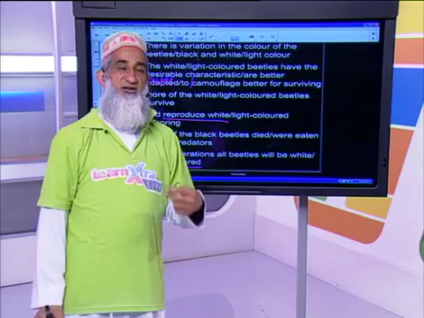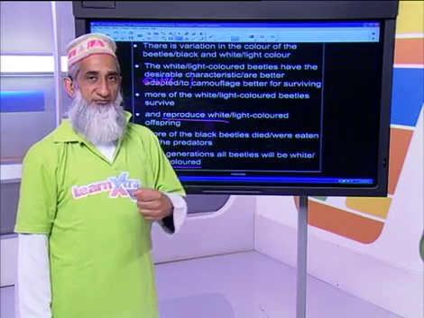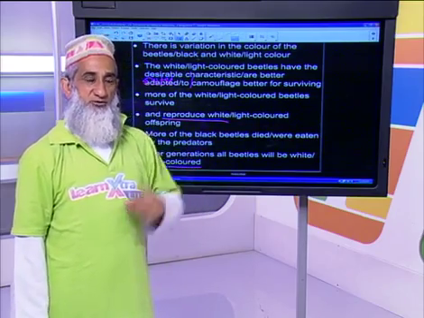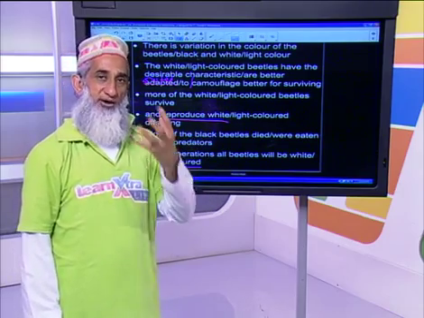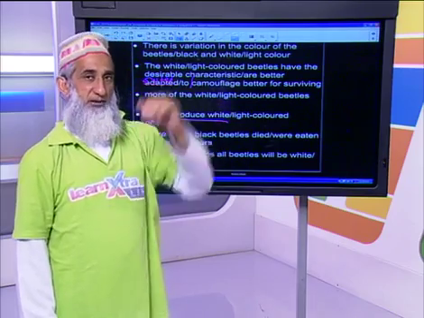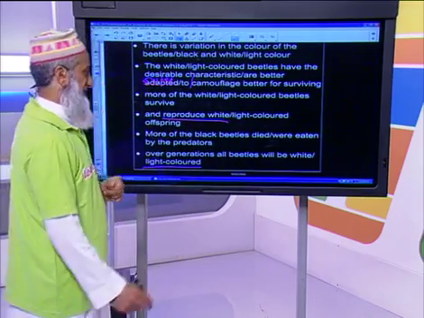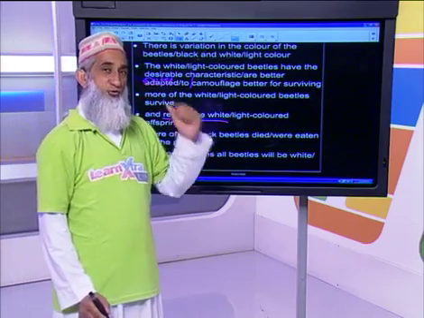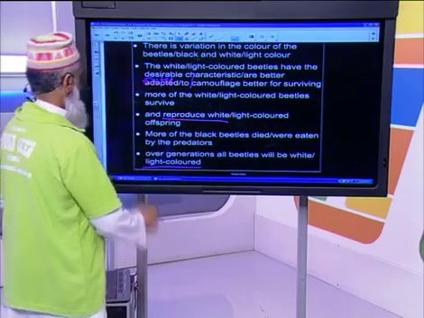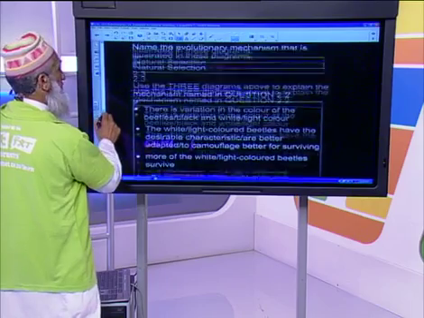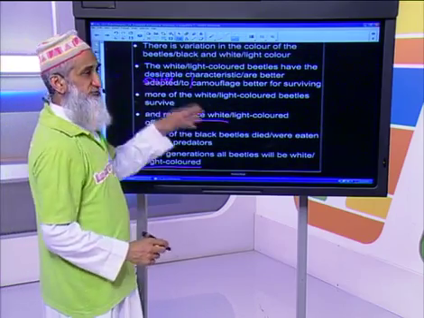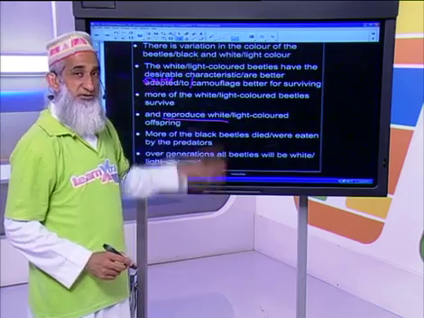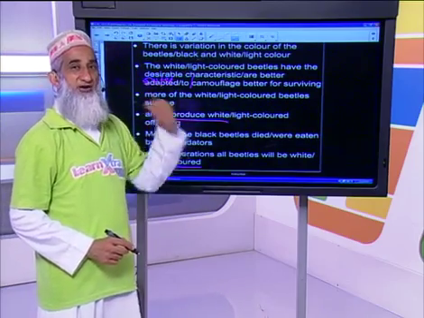Now remember that natural selection doesn't mean that it's permanent, because if the environment changes, then the reverse is also true. Then the white ones can die out and the black ones can resurface as well, because they have the gene for that color within themselves. Are we okay with that, guys? Yes, sir. Remember, because the question was a short question, we didn't go into the phenotype and genotype and the rest of it, because there wasn't enough information in the question about the environment.